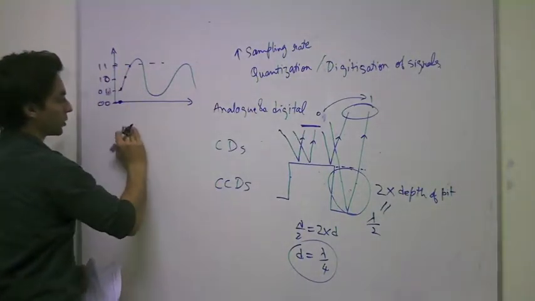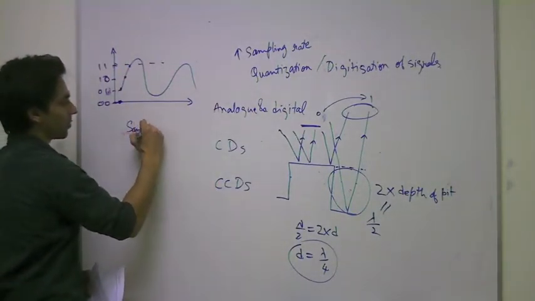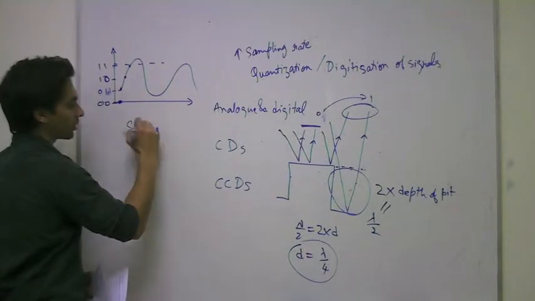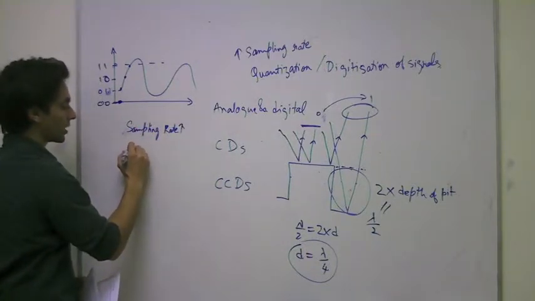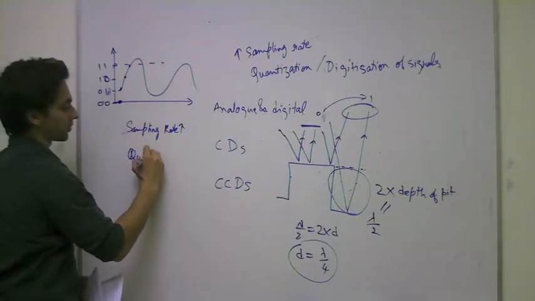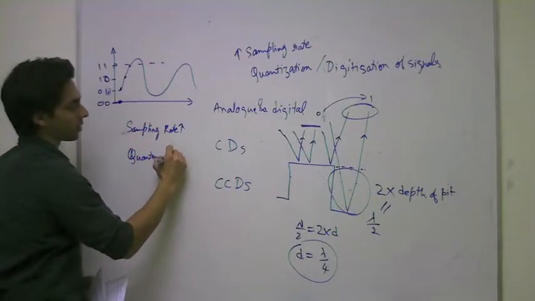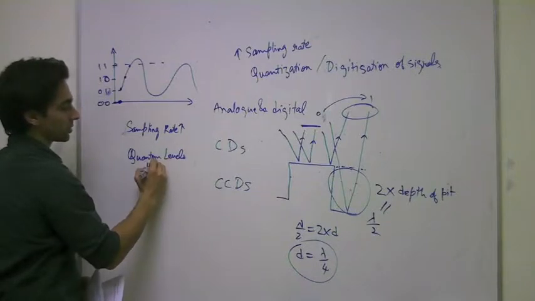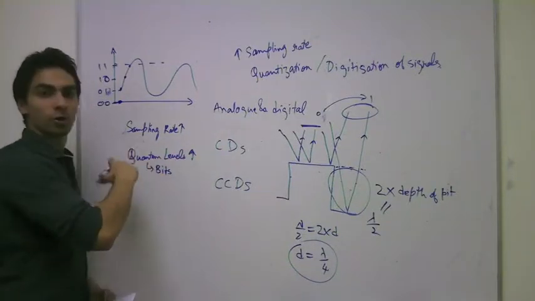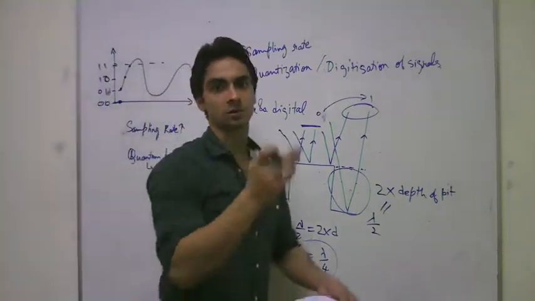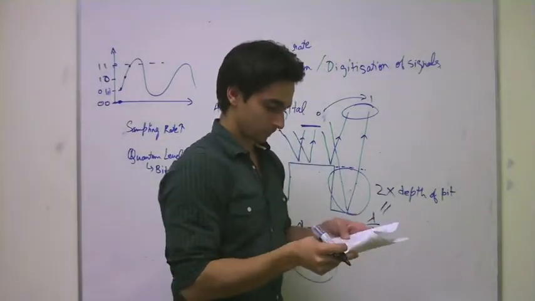So we want 2 things in sampling: a high sampling rate, and a high number of quantum levels. Quantum levels depend on the number of bits being used. So we want this to be high as well in order to accurately reproduce the original analog signal.